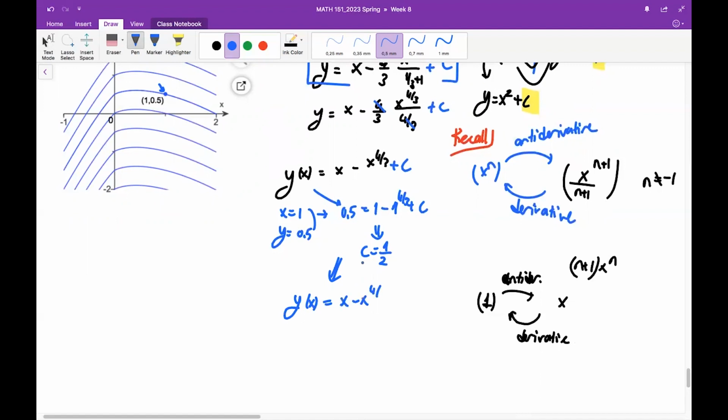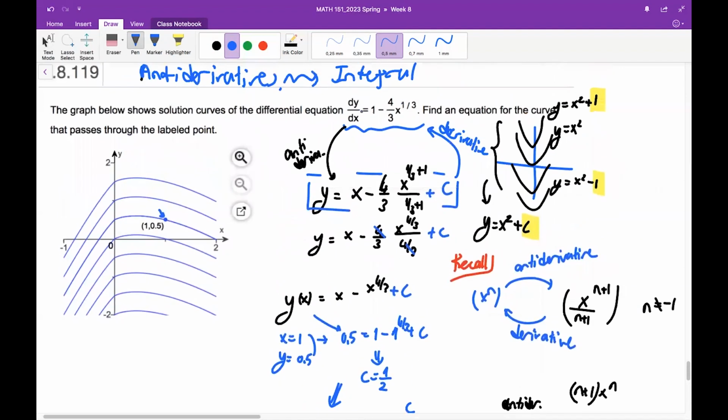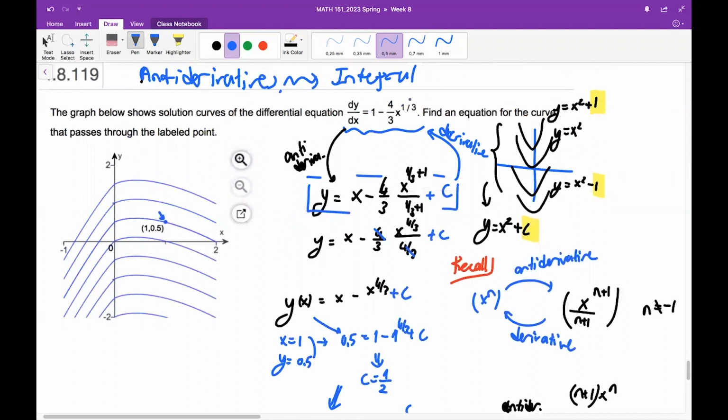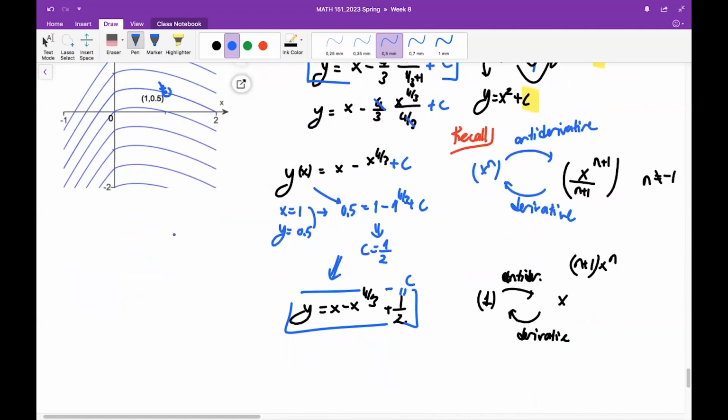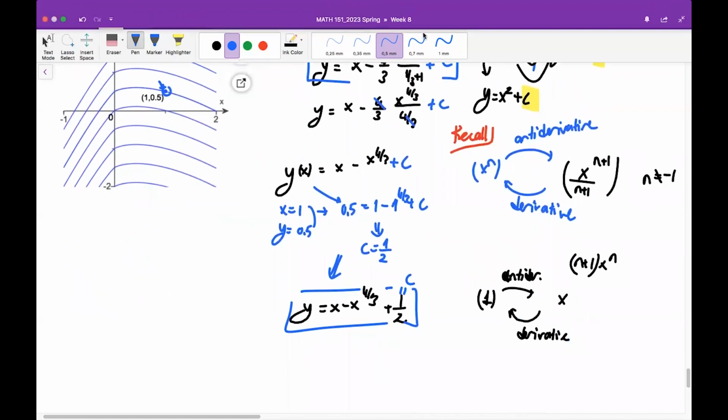It is given as this one. y equals x minus x to the power this, plus 1/2, which is solved for the arbitrary constant c, okay? This is the solution of the differential equation given by this expression, and that passes through this point given in the picture. So that's it. Thank you for your attention.